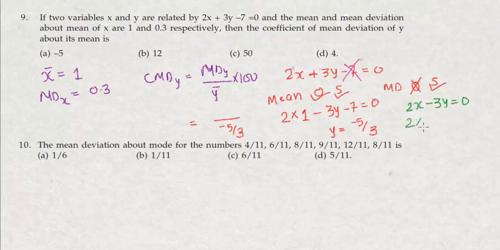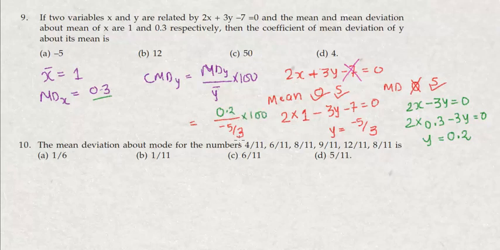So it is 2. What is the mean deviation of x? Yes, it is 0.3. 2 into 0.3 minus 3y is equal to 0. So we can solve it as this is going to be 2 into 0.3 is 0.6 and 0.6 divided by plus 3 is going to be 0.2. So the mean deviation of y is 0.2.